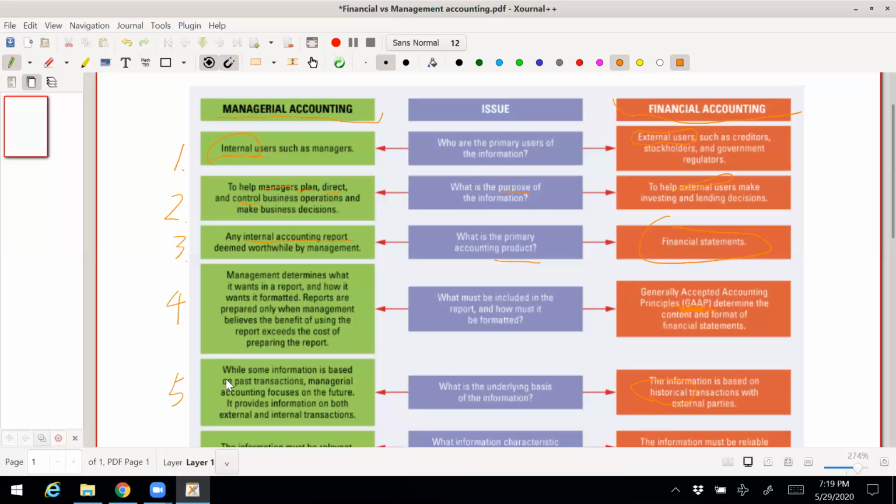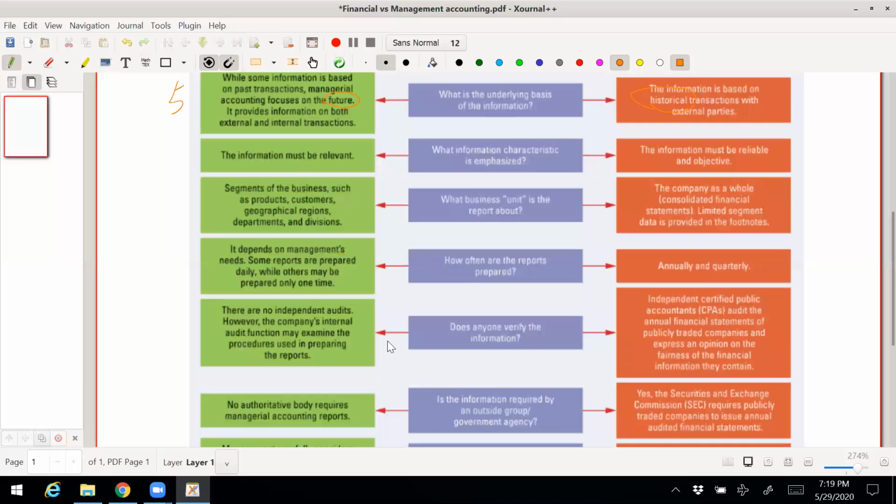But managerial accounting is focused on the future. In 2020, we start planning for 2021. We start thinking about what will happen, the budget, those things. It has a little bit of past information, but we focus on the future. So that's one of the big differences.